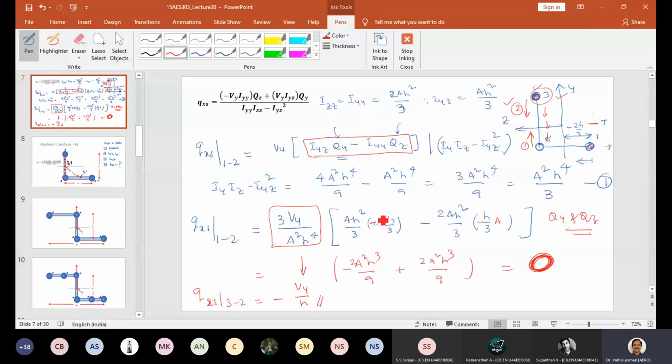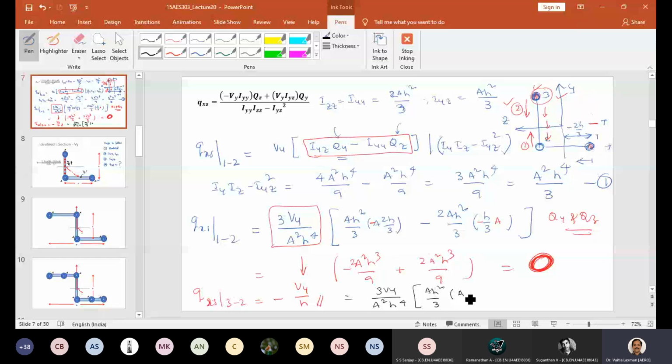If you want, I will do it. I'll finish it up. Why not? I'll take the black pen and finish it up. This is nothing great. Vy by a square s to the power of 4 into Iyz is a h square by 3 into Qy. Qy is what? A into y, Qy, right?